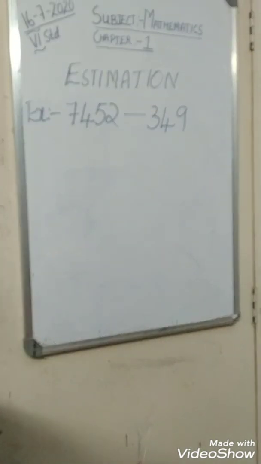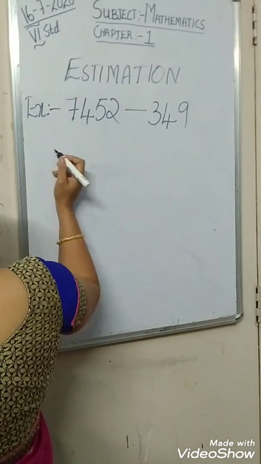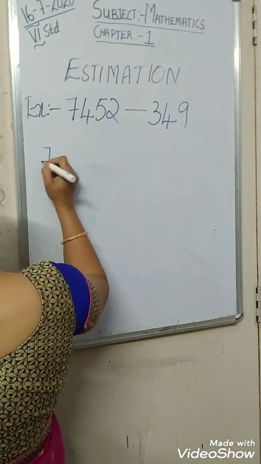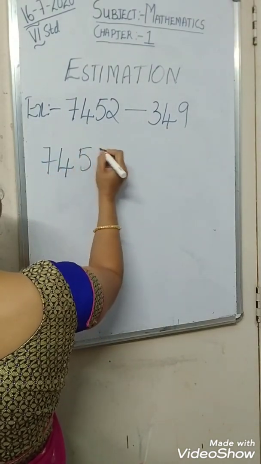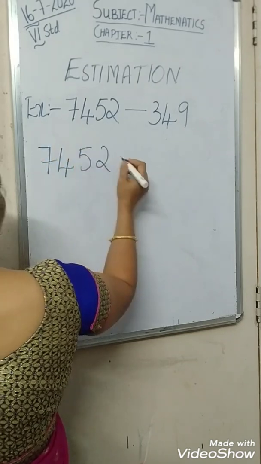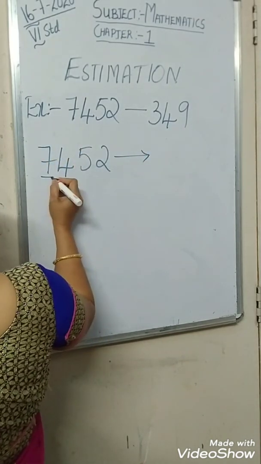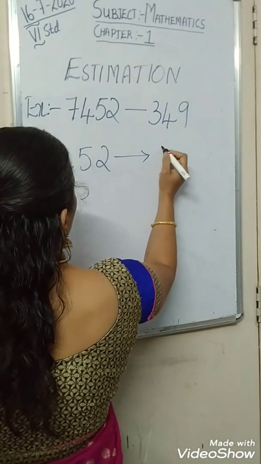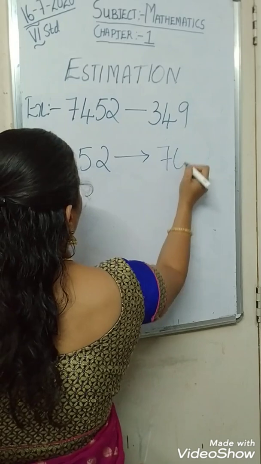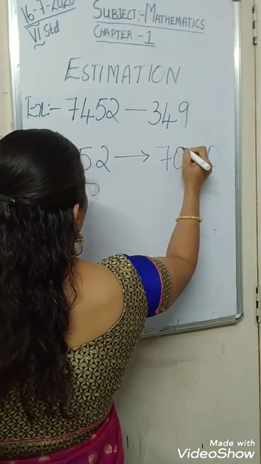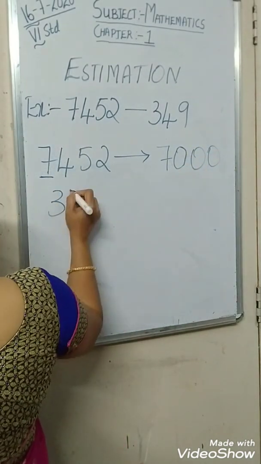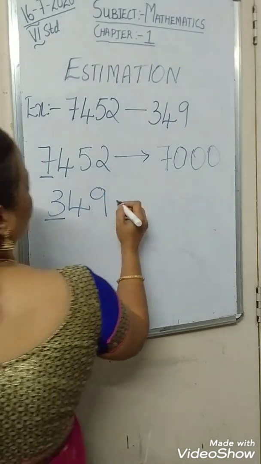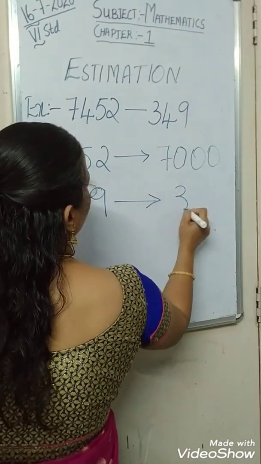Before subtracting it, we will estimate these numbers to their greatest place value. So, the first number, 7452, can be estimated to, which is the greatest place value here? 7. So, it is estimated to 7000. Similarly, 349. Here, the greatest place value is 3. It is estimated to 300.